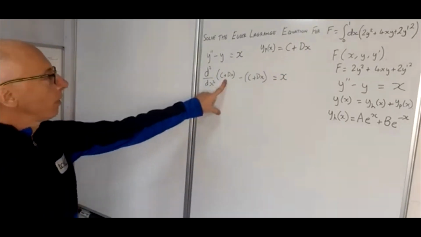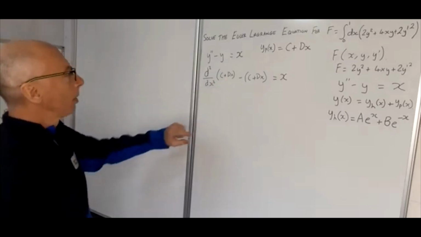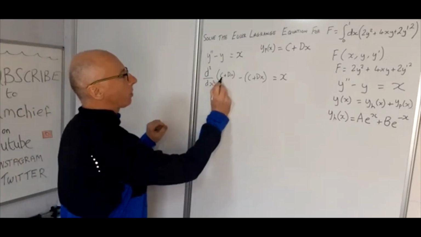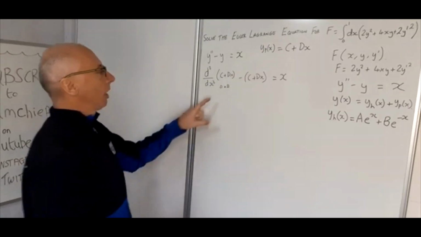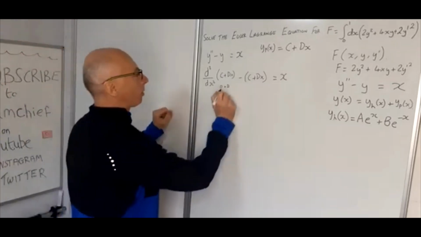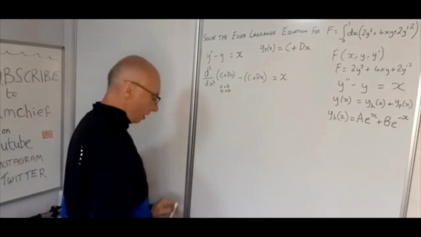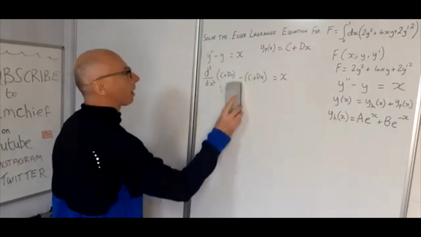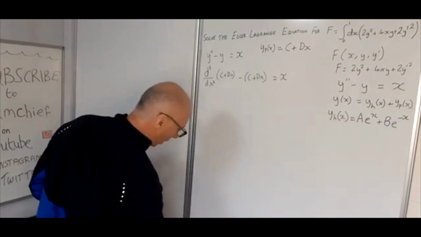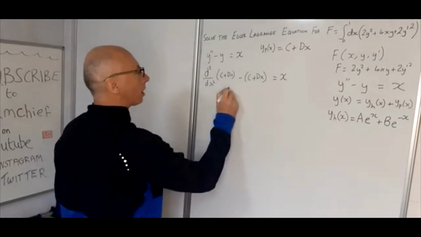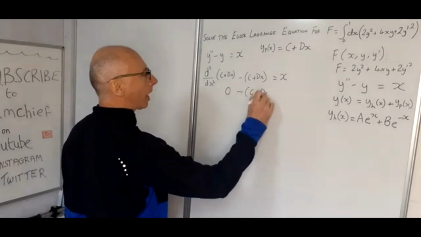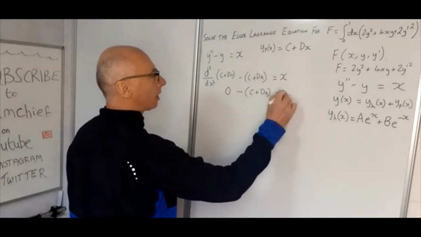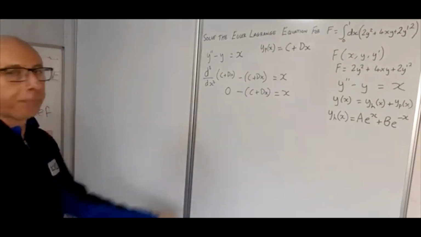Well, the second derivative of this is going to disappear to 0 because first derivative of c will become 0, and then the dx will just leave us with d, and then derivative of this, they will both become 0. So I'm just going to exchange that for a 0. That's pretty straightforward. And then minus c plus dx, nothing to do there. Set that equal to x.